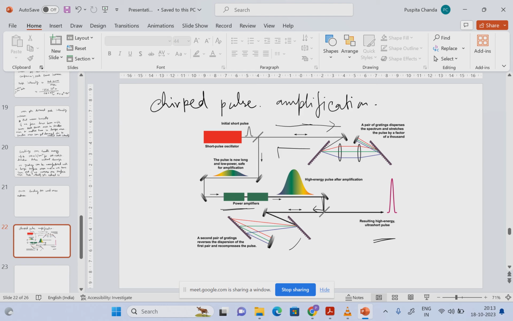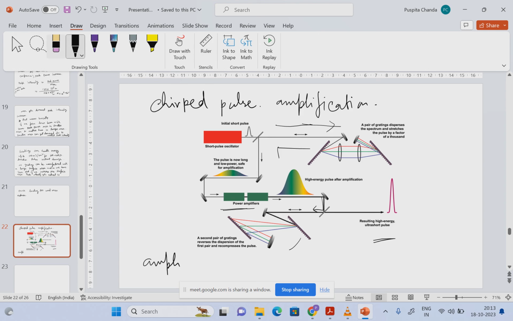And we use some prisms inside the oscillator as a dispersion compensator. And for the stretcher part and in this amplifier part, we also... sorry, let me write.